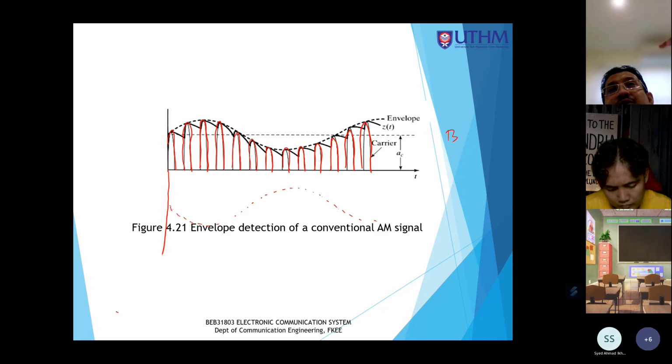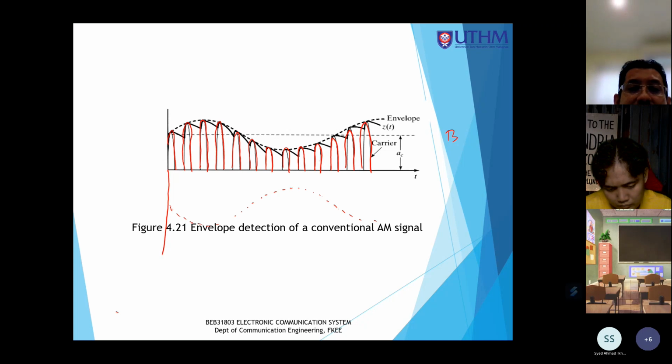Dia akan lambatkan ataupun dia akan slowly reduce the amplitude. The rate of reduction of the amplitude will be reduced. So kadar penurunan itu akan diperlahankan ataupun dia tidak drop, jatuh terus.